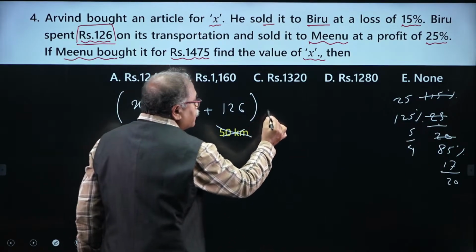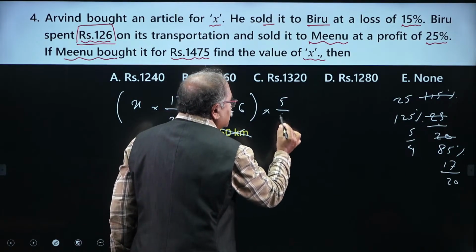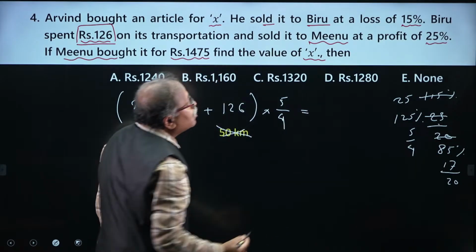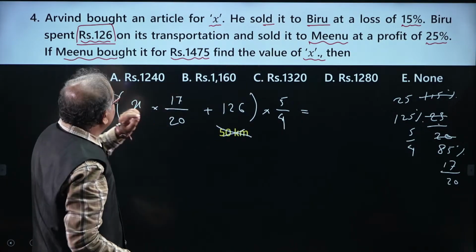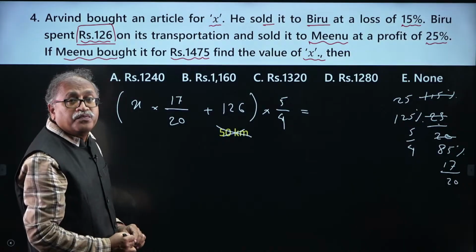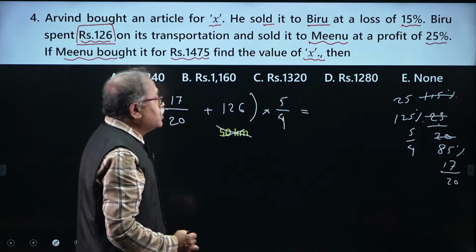So, if I take 5/4 of this, then I am getting the selling price of Biru, which is the cost price of Meenu, and which is given to us as 1475.